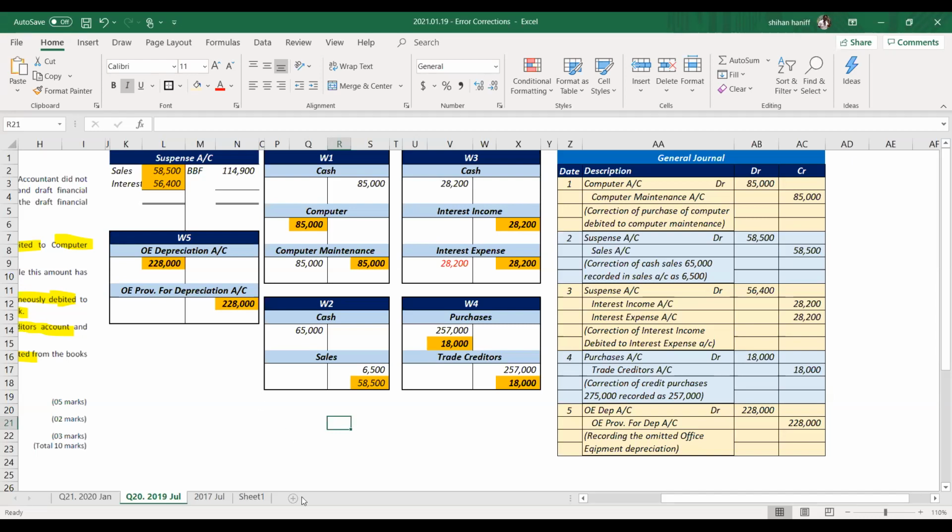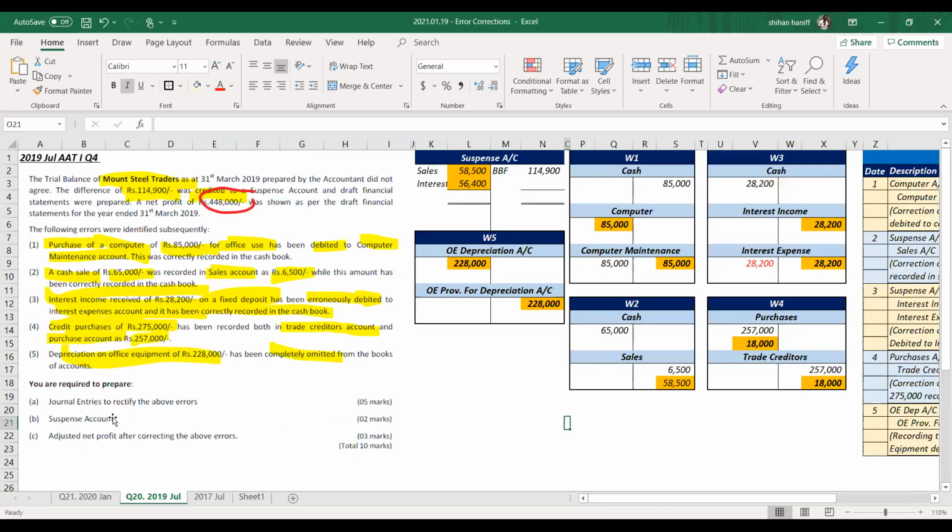Okay. So the next part is journal entries. We did the suspense account also. Now get the closing balance 114,900, so that is correct. There is no further differences.